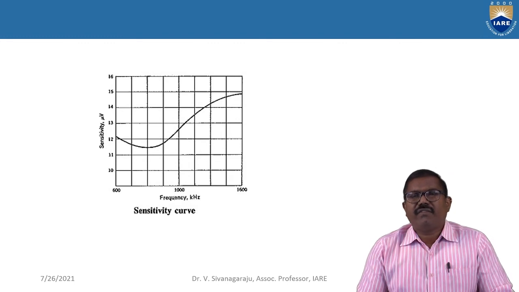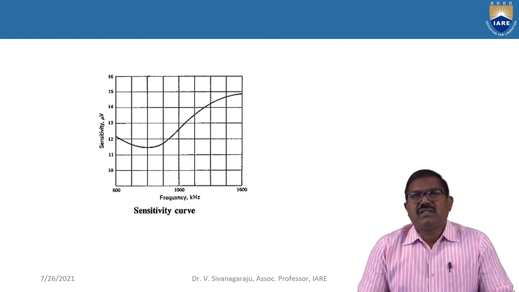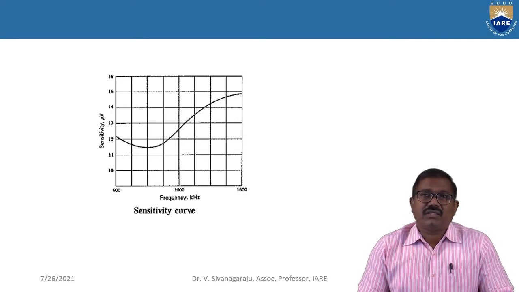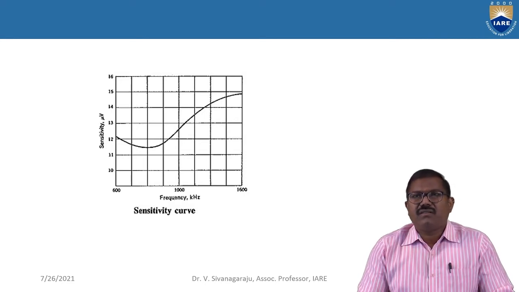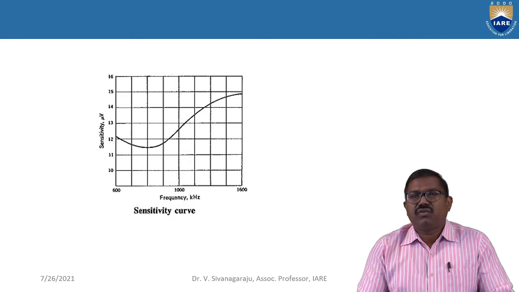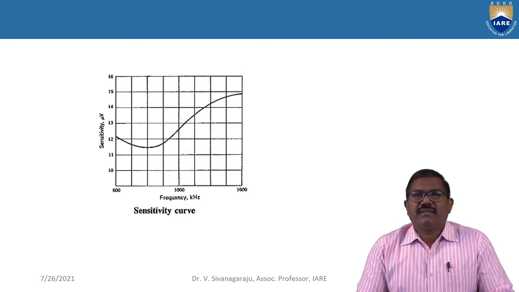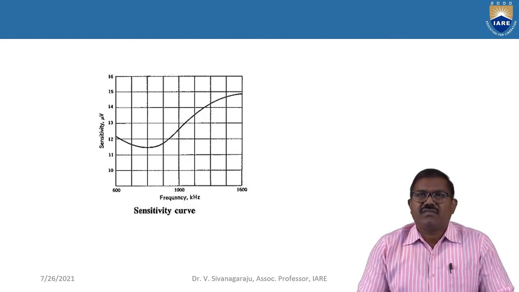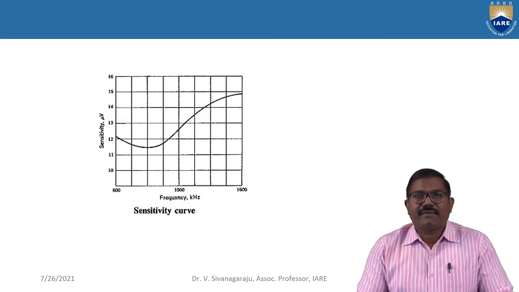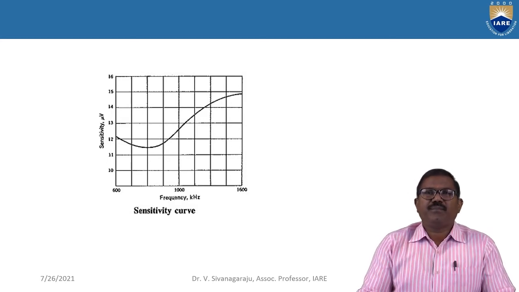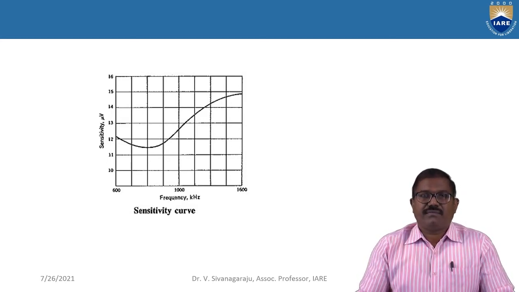That means here the frequency is varying. Initially it is 600 kilohertz, the middle one is 1000 kilohertz, and then 1600. So here it's changing. Whenever the frequency increases, the sensitivity curve is also varying. So this is our sensitivity curve.